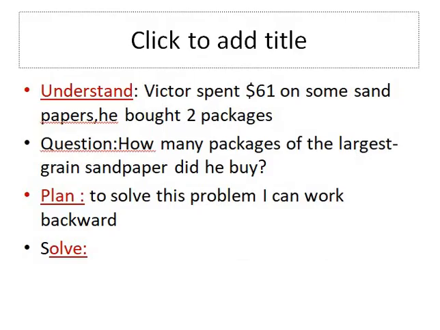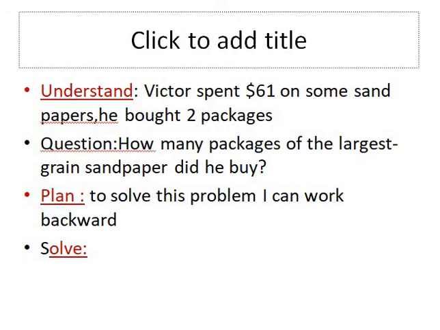Now, to apply our strategy of the four steps, let's try to solve the first problem. They tell us that Victor spent $61 on some sandpapers for his model cars. He bought two packages of the smallest grain sandpaper and spent the rest on the largest grain sandpaper. How many packages of the largest grain sandpaper did he buy?